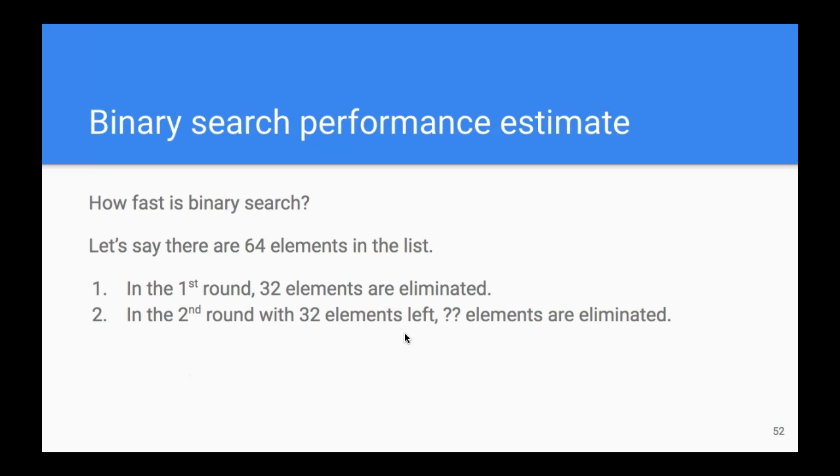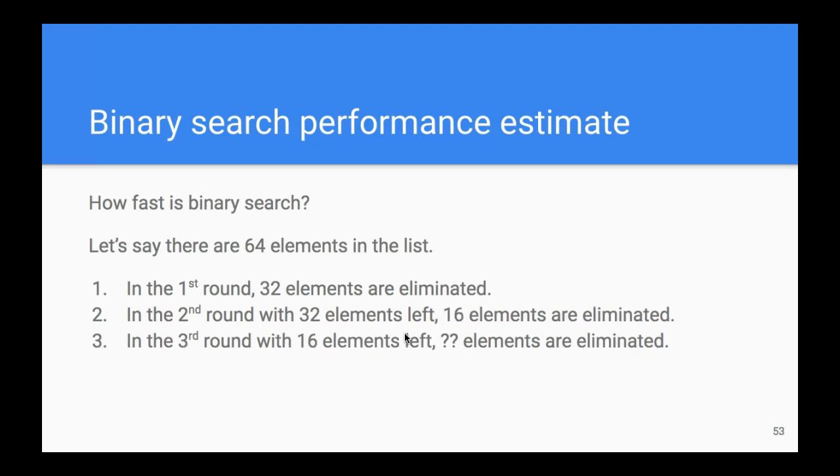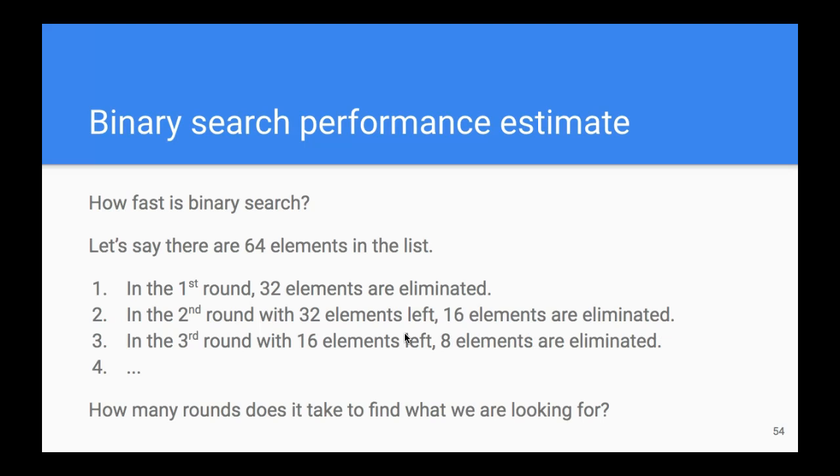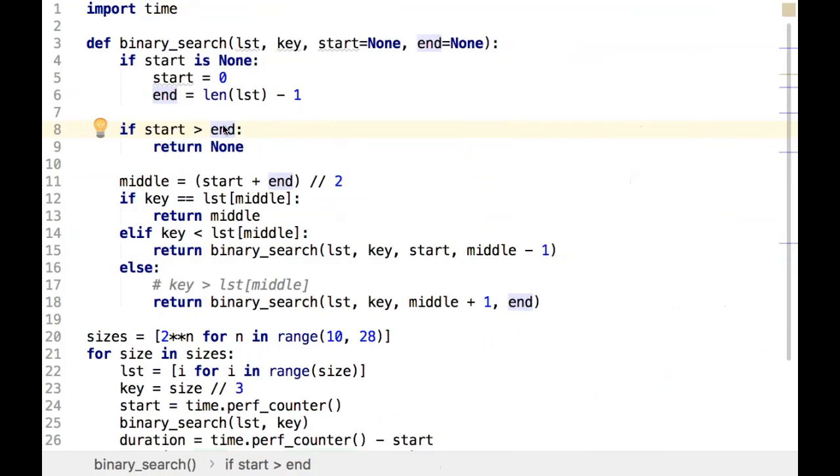Again, the first time in a 64 element list, 32 of them are eliminated. In the second round, by the same token, 16 of the 32 that are left are eliminated, and then it goes on and on until it terminates. It terminates when the list becomes empty.